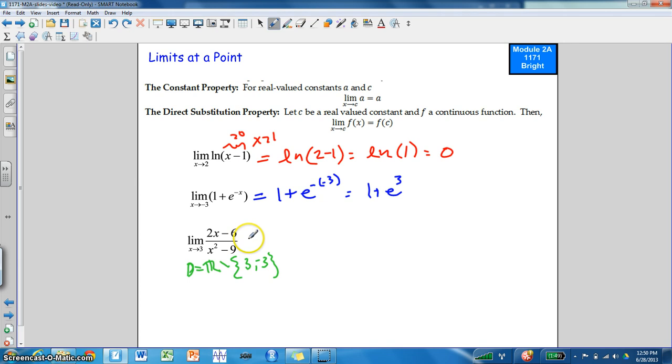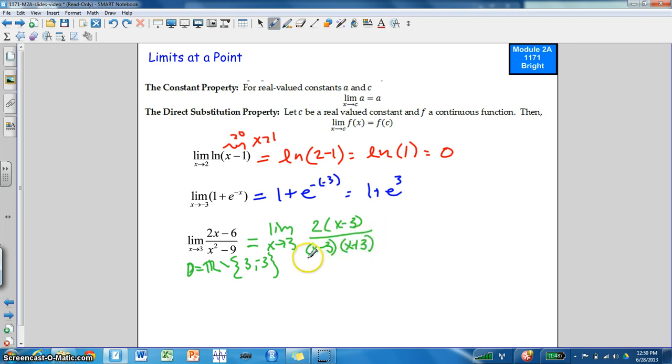However, I see there's a 2 in common in the numerator, and I know the denominator factors, so let's just try some basic algebra and see what happens. The limit as x approaches 3 of, factoring out the 2, 2 times x minus 3, over the denominator, which factors as x minus 3 times x plus 3.